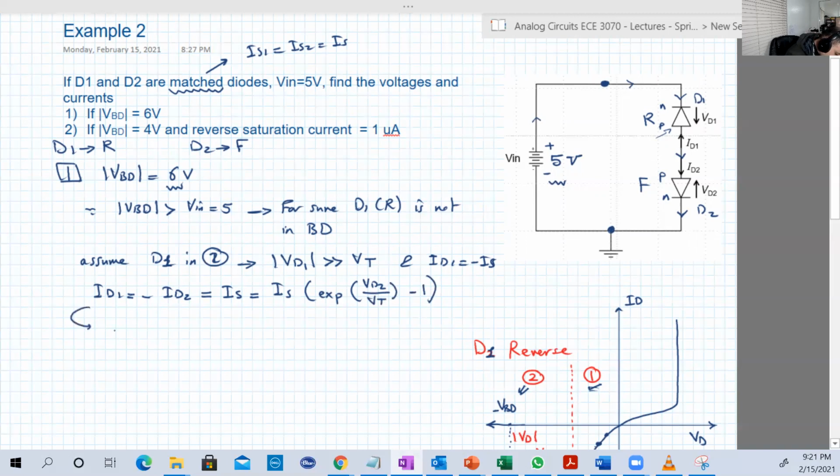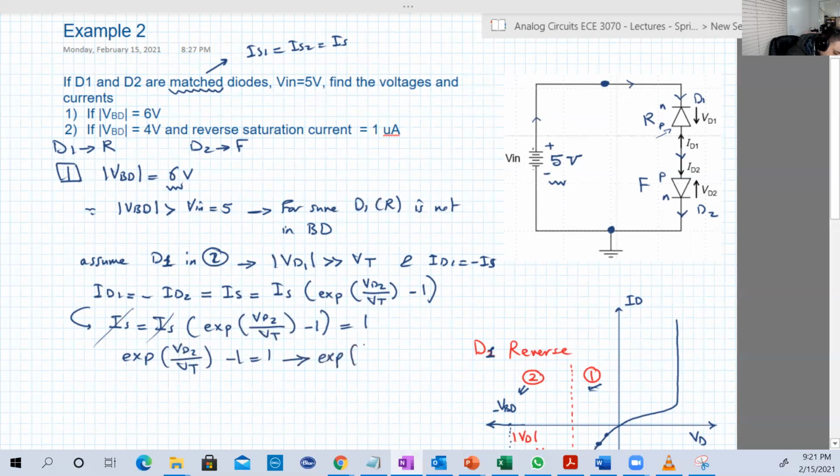Okay, let's write this in a neat way. IS equal to IS times exponential VD2 over VT minus 1. This IS will cancel with this, so this will be equal to 1. So exponential VD2 over VT minus 1 equal to 1. This will give us exponential VD2 over VT equal to 2.